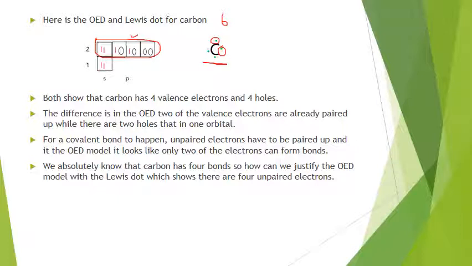But when we look at the Lewis dot structure, it has four unpaired electrons, and these are not equal. This says there should be four unpaired electrons in the second level, but that's not what is predicted in the orbital energy diagram.